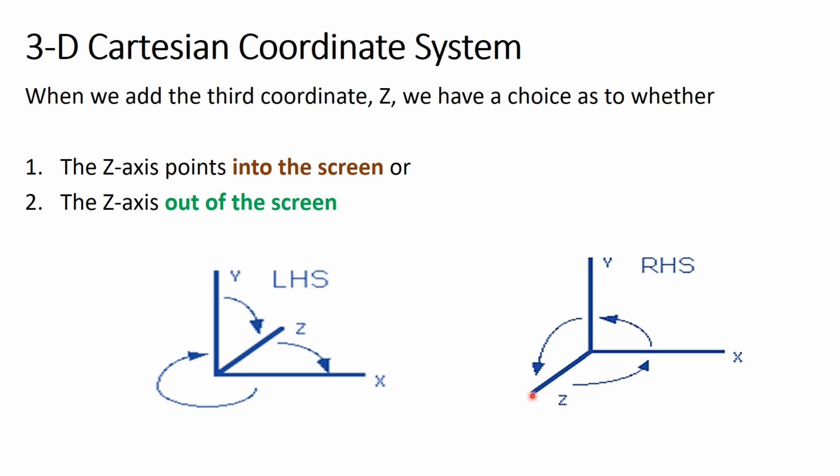When the z-axis points out of the screen, this is the right-hand system, and when the z-axis points into the screen, this is the left-hand coordinate system. And as I mentioned before, movement clockwise in the LHS is considered positive, and movement anti-clockwise in the RHS is considered positive.